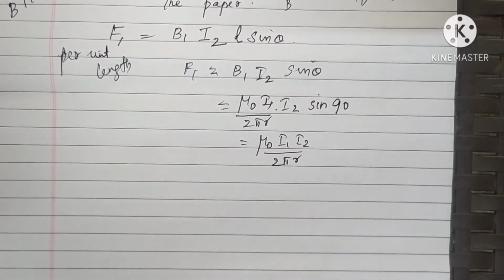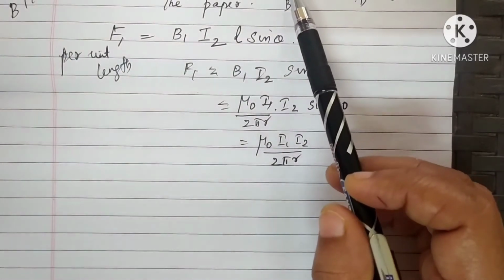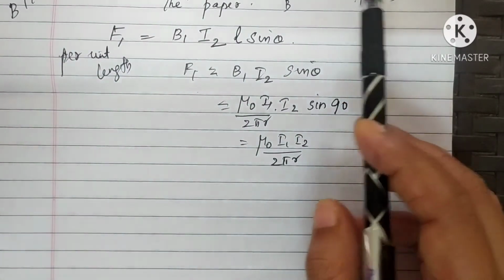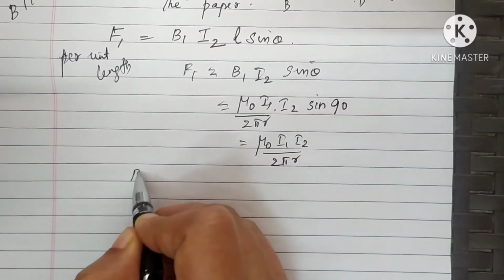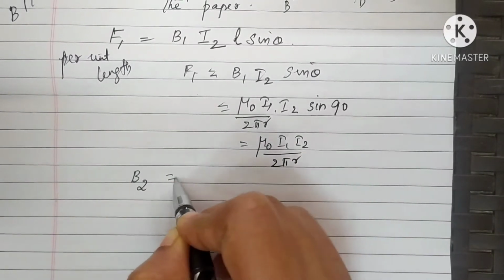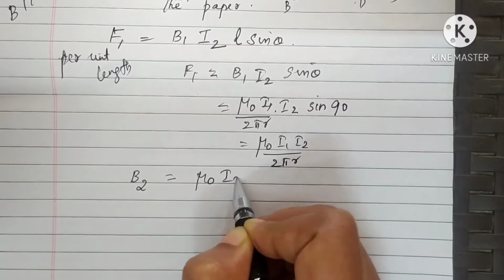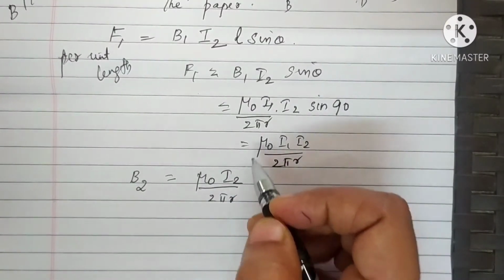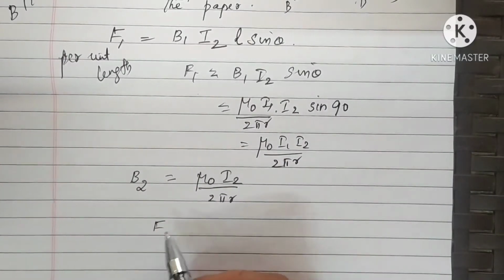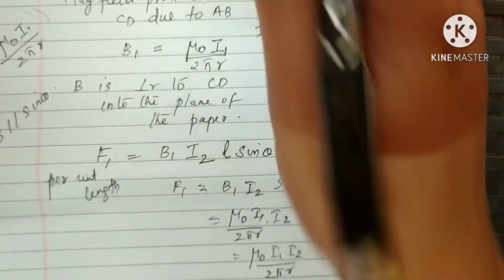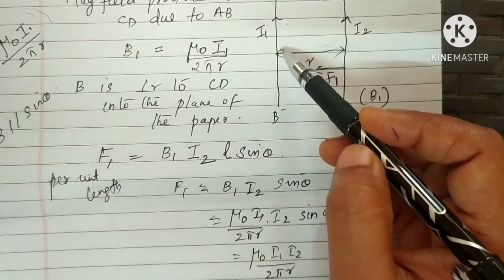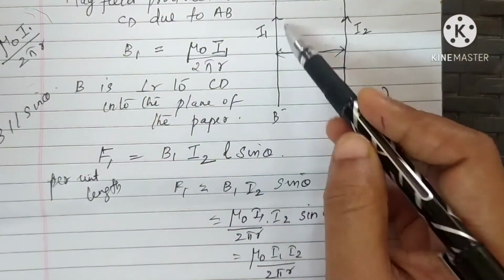Now we have to find the magnetic field produced at AB due to the current flowing through CD. So for that you can write again B2, which is equal to mu 0 I2 divided by 2 pi r. Okay, and the force you can find, because here the direction is like this, that is the magnetic field is out of the plane of paper but it is perpendicular to this wire.